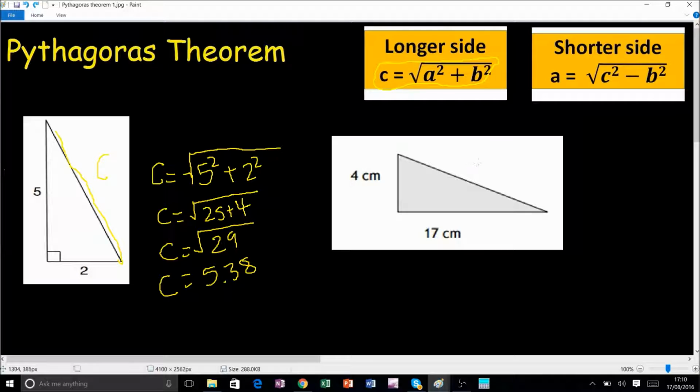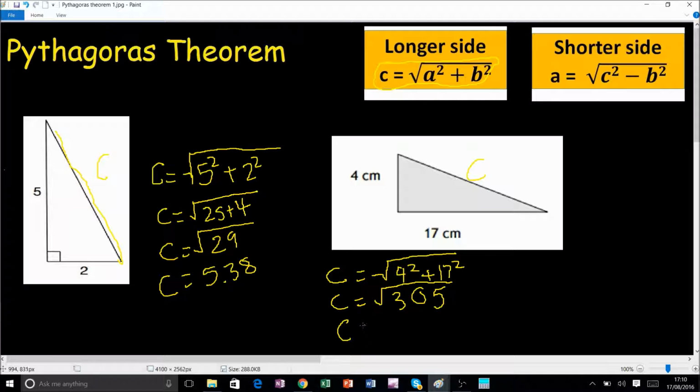We want to find the longest side, which I'm going to call C. So C is equal to the square root of 4 squared plus 17 squared, and that's going to give us 305. So there we have the square root of 305.